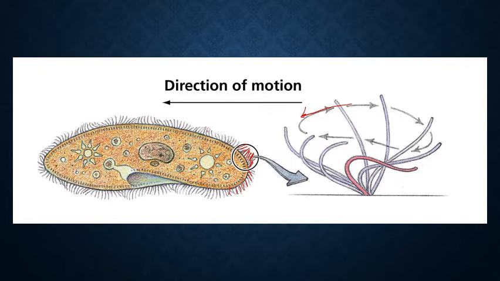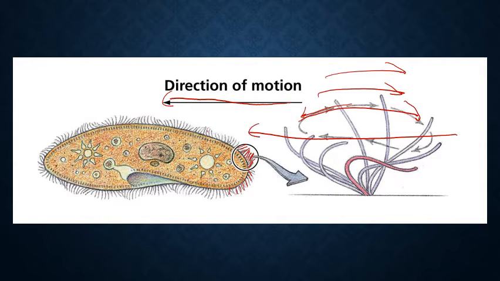It beats the water around it, hence moving the paramecium in this direction. If you can see, the cilia beats the water that way, so the paramecium will move this way. This is how the paramecium moves.